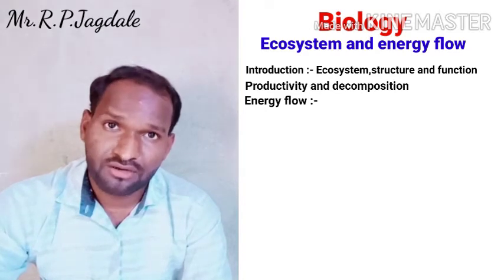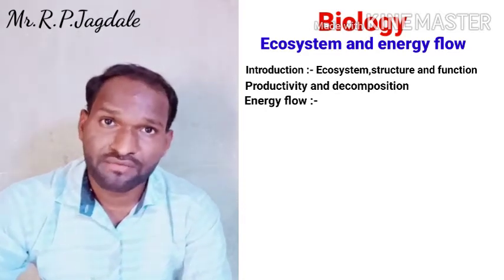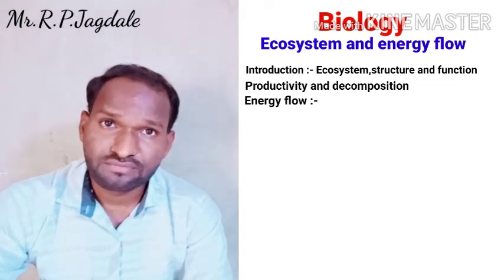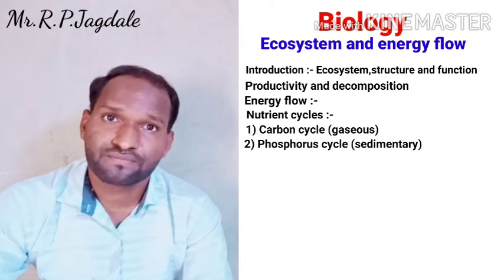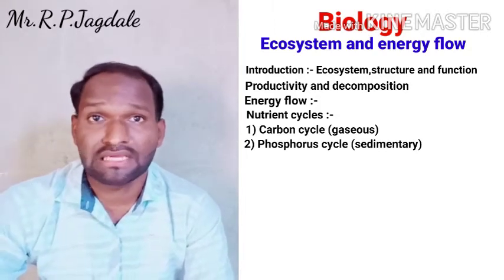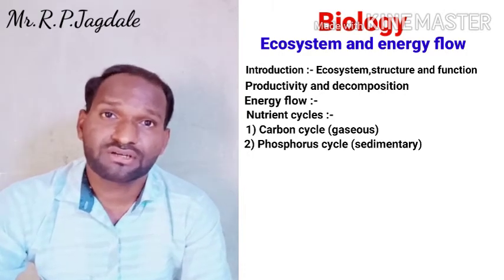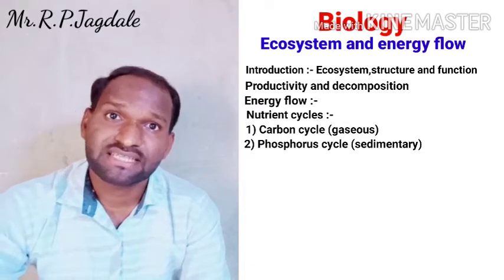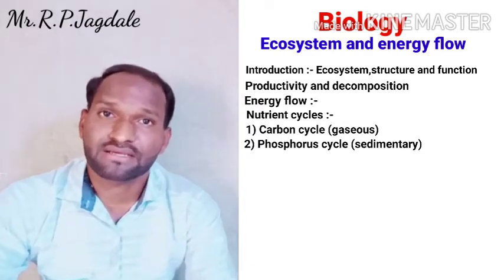So the functions of an ecosystem are productivity, decomposition, then energy flow, and the fourth one is the nutrient cycle. There are various nutrient cycles in the environment, in the ecosystem, or in nature. Generally there are two types of nutrient cycle: one is the gaseous nutrient cycle, and the second is the sedimentary nutrient cycle.